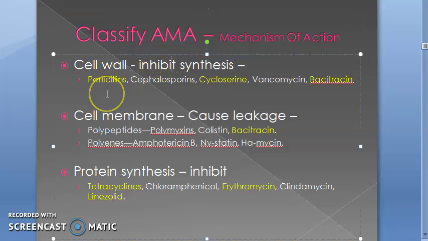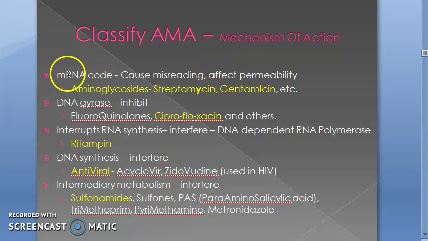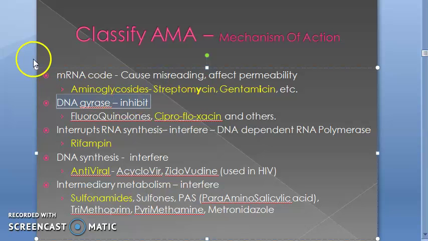Inhibition of cell wall by penicillin, bacitracin; leakage of cell membrane by bacitracin, nystatin; inhibition of protein synthesis by tetracyclines, chloramphenicol, erythromycin, clindamycin, linezolid; mRNA code misreading and permeability affected by aminoglycosides like streptomycin and gentamicin; DNA gyrase inhibitors, fluoroquinolones, ciprofloxacin; interrupting RNA synthesis by interfering with DNA dependent RNA polymerase, rifampicin; DNA synthesis interferers, antiviral drugs like acyclovir, zidovudine; intermediary metabolism interferers like sulfonamides.